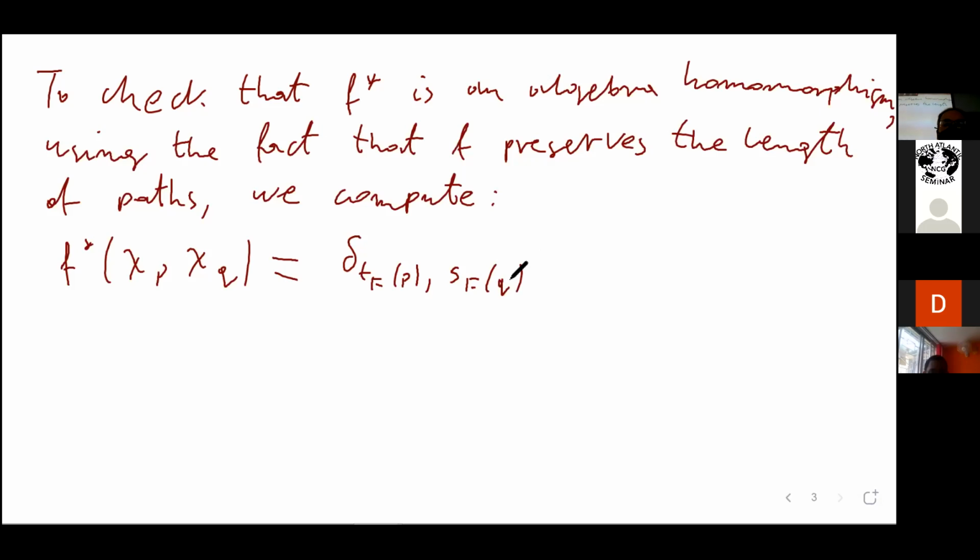And here, of course, once I have my Kronecker's delta out, this is a number and the map is linear, I can pull it out. I still have F star, but now applied to chi PQ. Okay. All right. Now I apply the definition of F star. So this Kronecker's delta remains as it was.